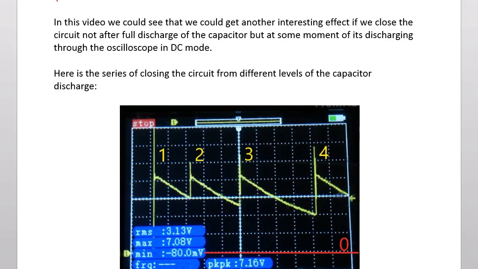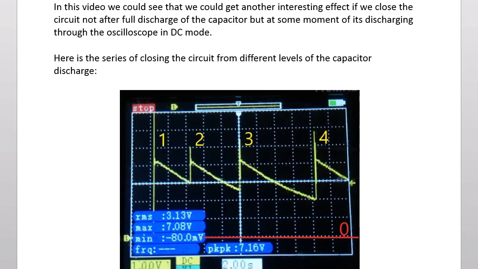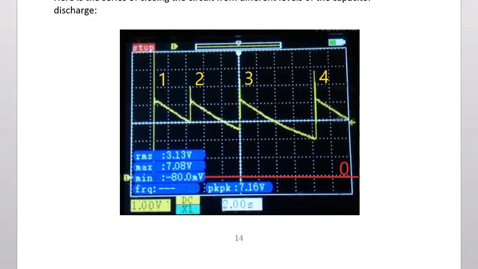In this video we could see that we could get another interesting effect, where we close the circuit not after full discharge of the capacitor, but at some moment of its discharging through the oscilloscope in DC mode. Here is a series of closing the circuit from different levels of the capacitor discharge. So you can see closing 1, closing 2, 3 and 4.